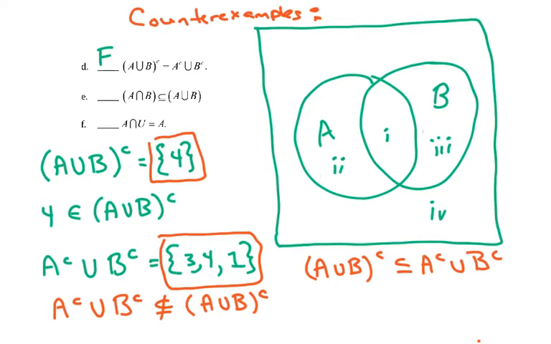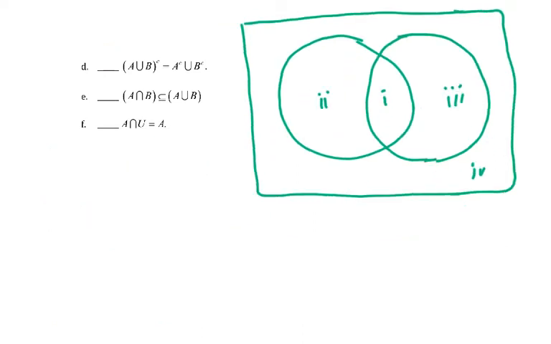So what are these regions? Let's see. So we can describe these regions. What is the region represented by number 1, Roman numeral 1?